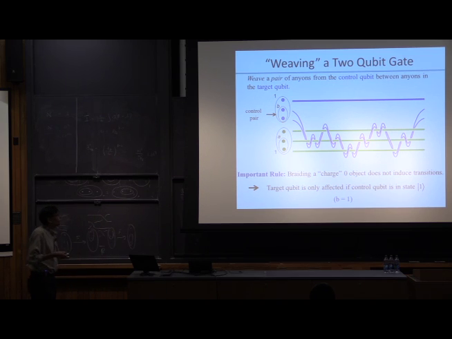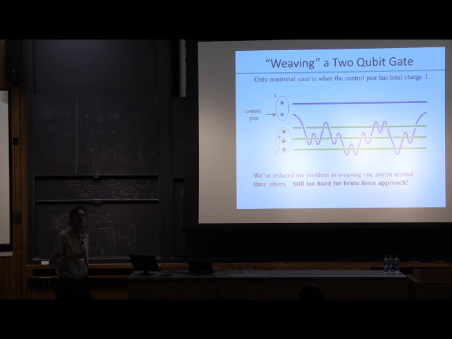And built into this is whatever we get, it's going to be a controlled something. Because if the control qubit is in the state 0, this pair of particles, which we call the control pair, will have charge 0, and it will do nothing. It only has a non-trivial effect if the charge is 1. And if the charge is 1, for simplicity, let me replace the pair by a single Fibonacci anyon.